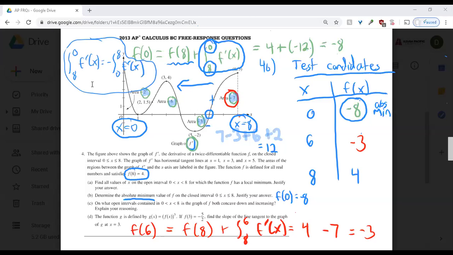So whenever the bigger number is at the bottom, you always take the opposite of the integral, because that means you're going from right to left. Is it okay? Yeah. Okay, all right, other questions?